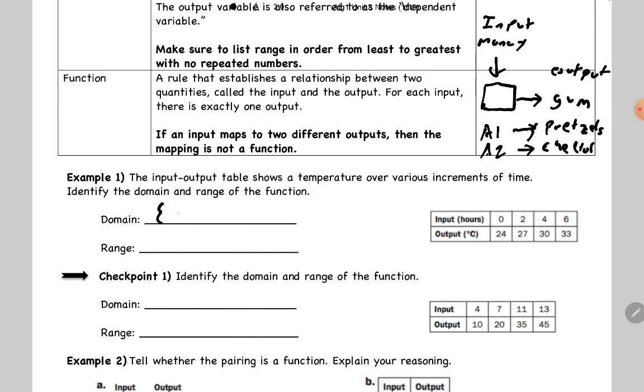So we would make this weird little bracket thing. And then 0, 2, 4, 6. Close bracket. And then our range is our output, temperature, 24, 27, 30, 33.